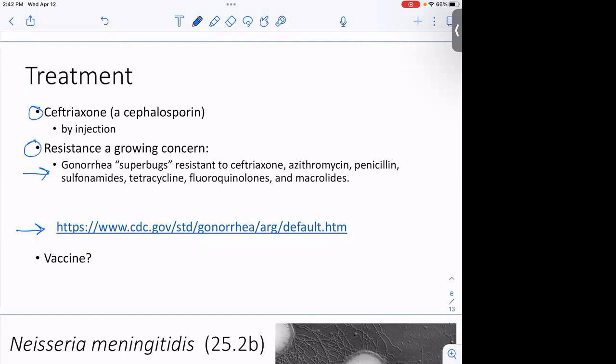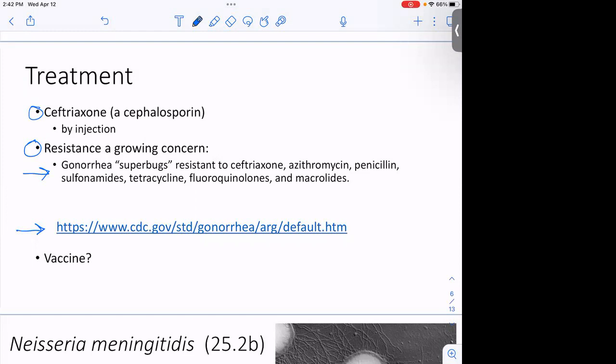There's some strains that haven't shown up very often in this country, but they're kind of superbugs that are resistant to most everything that we have. And a lot of strains are resistant to at least one of those things. So that's a problem.